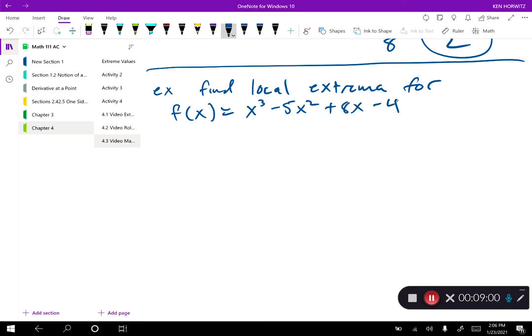Remember the local extrema, there could be many local maxes and mins. Only one absolute, but we're looking for local ones right now. And the first thing we're going to do is find our derivative, because remember, the first thing we need to do is find our critical numbers. So actually, let me list that.